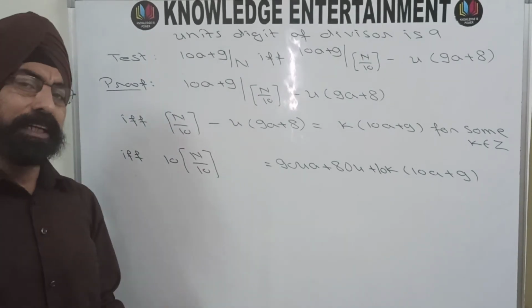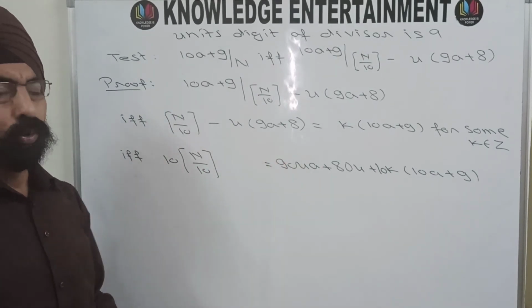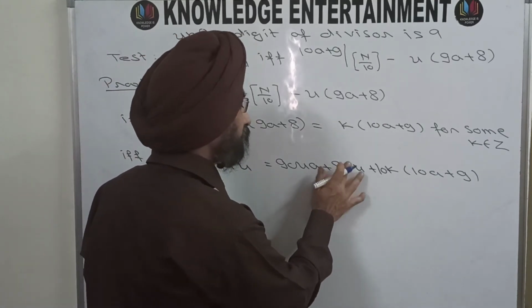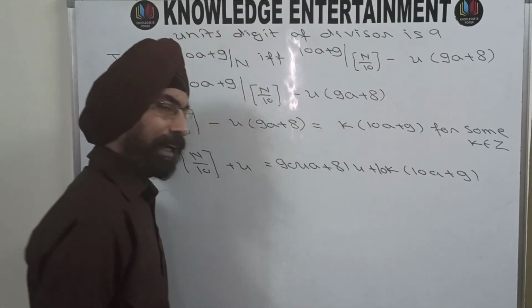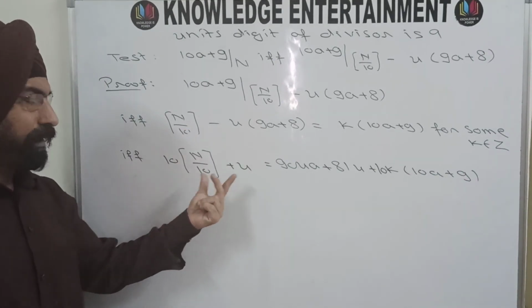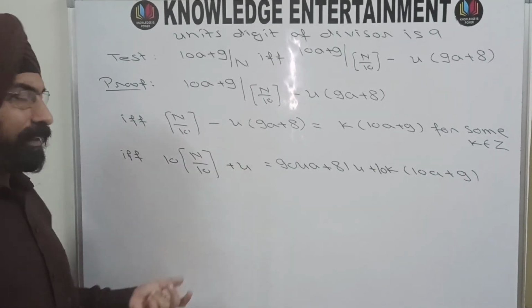And next step, once again you know what to do. Add u to both sides. So adding u here, this will become 81u. And now you know that 10 multiplied by n by 10 greatest integer plus u is your n, the original number.